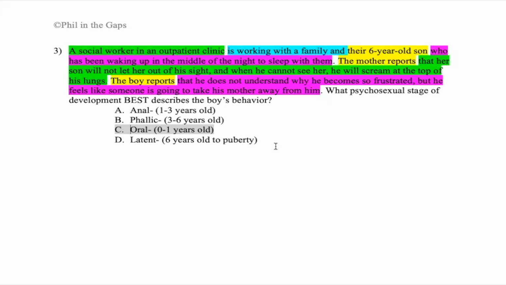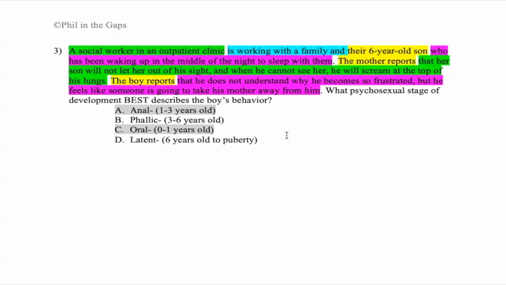If anything, they want that parent or caregiver's attention more so than they did in the past. We're also going to rule out A. Why? Because it's not talking about toilet training or that the parents were overly anxious with them or too lenient and let the child do whatever they wanted to do.